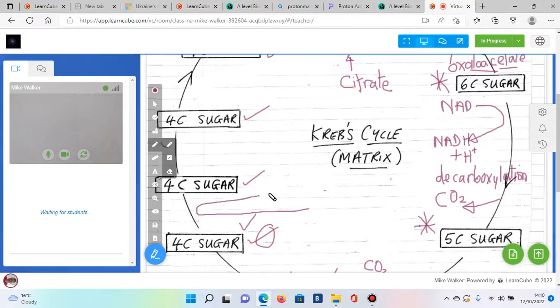Now then, the next reaction is 4-carbon again to 4-carbon, but this allows a carrier molecule called flavine adenine dinucleotide, FAD, to pick up 2 hydrogen atoms, FADH2.